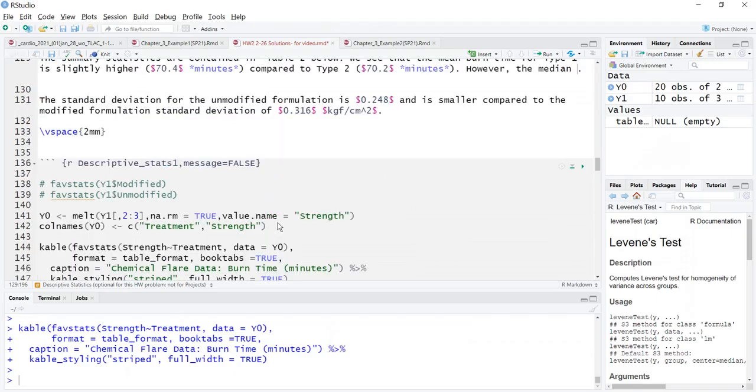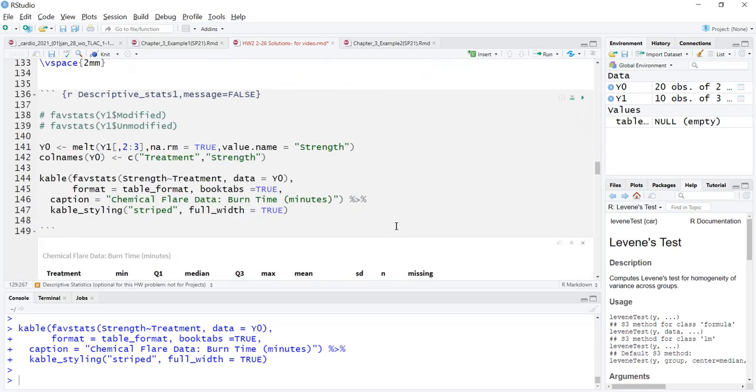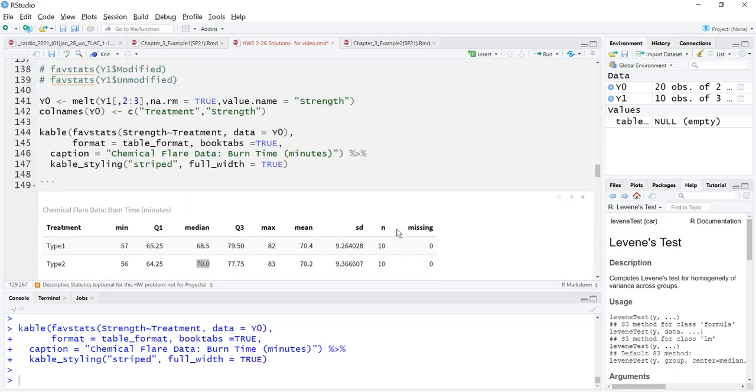The median burn time for type 1, 68.5 minutes, is lower than that of type 2, and we'll say, what is that? That is 70.0.